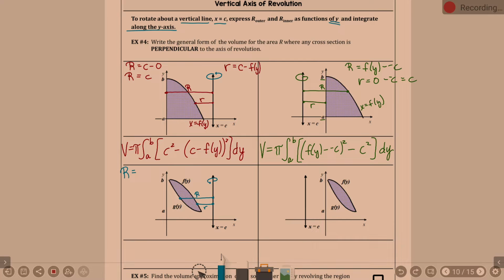Okay, we're going right minus left. So c minus g of y. What about little r? c minus f of y. Okay, set it up.